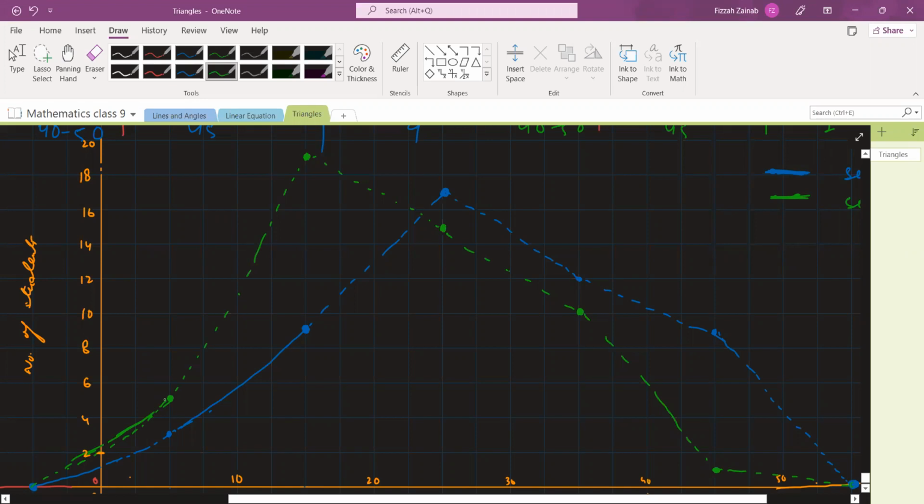Say anything you feel, then we can discuss. Which section has performed better, section A or section B, according to you? Green is section B, right? Okay. Zeba, what about you?